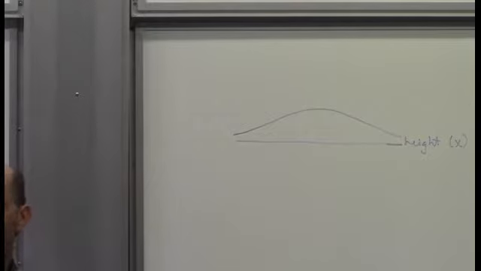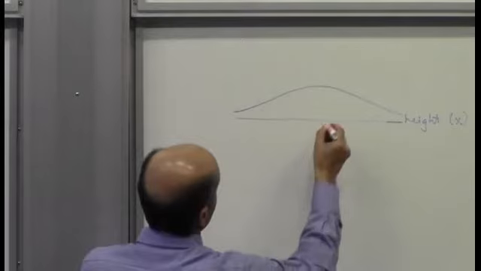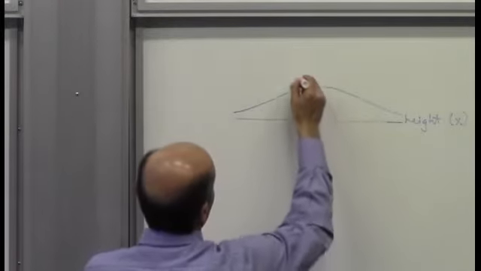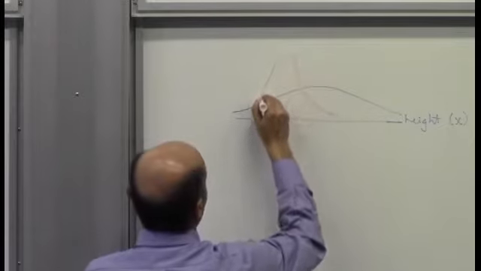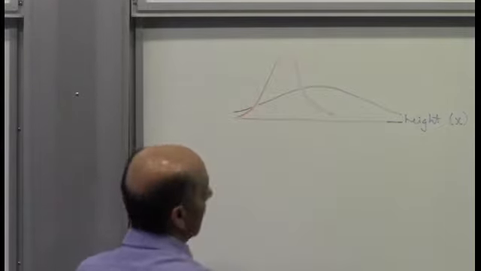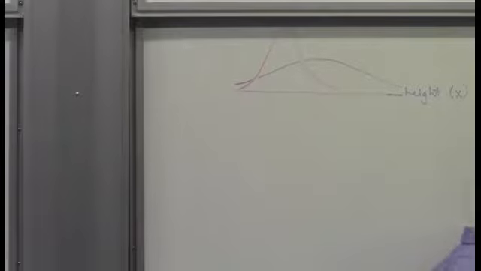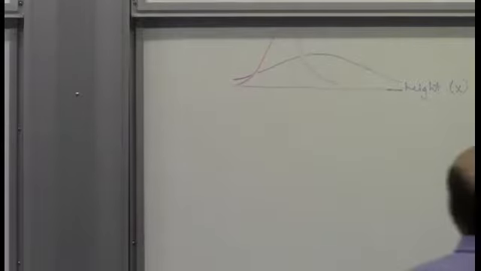I have some really short males and some really tall males. On the other hand, the females go like this. So I have much lower variance in the females as compared to the males.